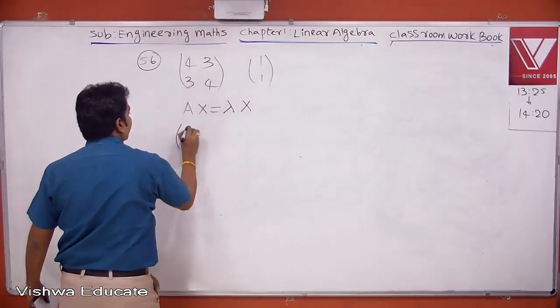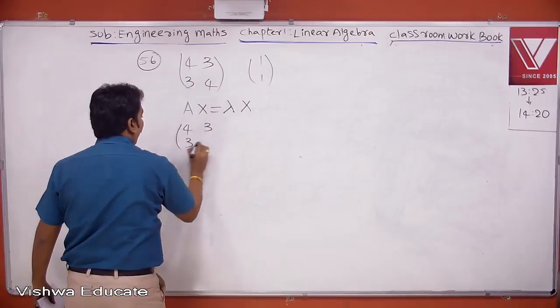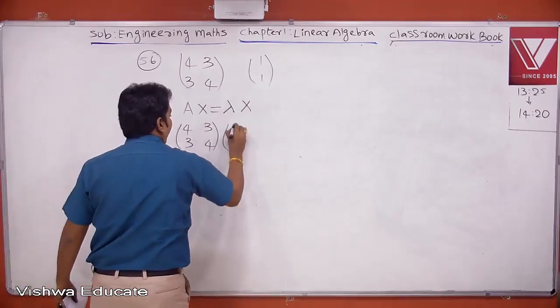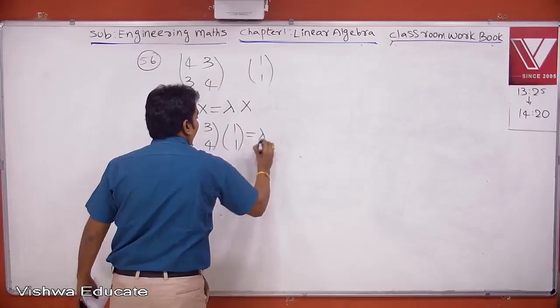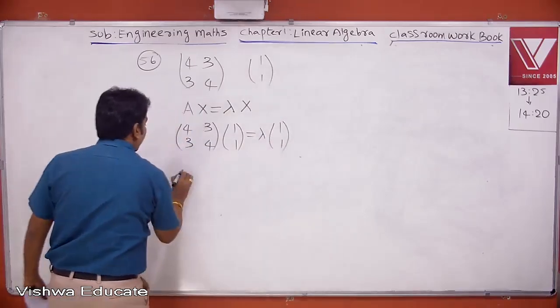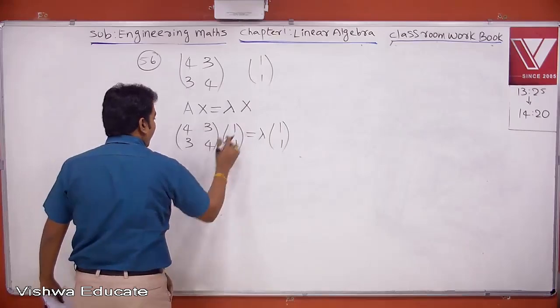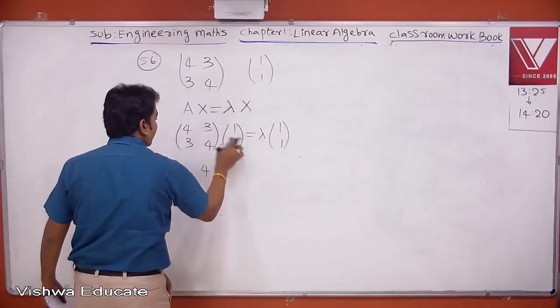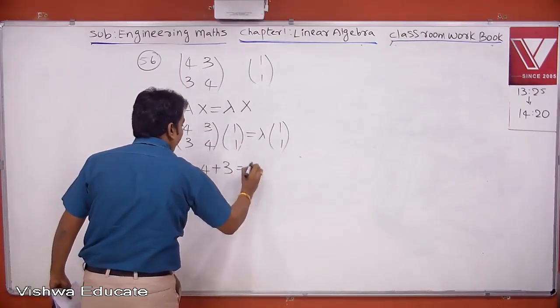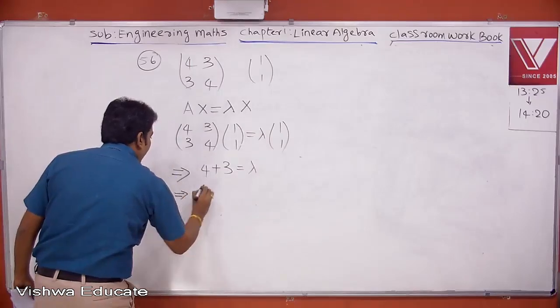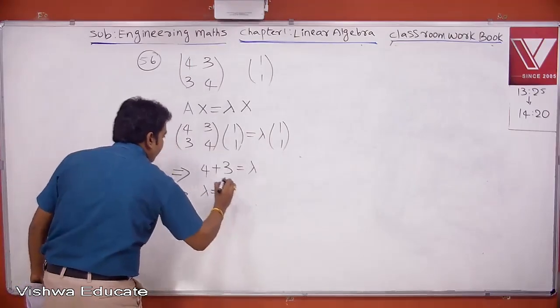A is this matrix 4, 3, 3, 4, x is this eigenvector 1, 1, equal to lambda times 1, 1. You can expand either the first row or the second row, and you will get the same value. Expanding the first row, 4 into 1 plus 3 into 1, 4 plus 3 equals lambda. Therefore, the eigenvalue is lambda equal to 7.